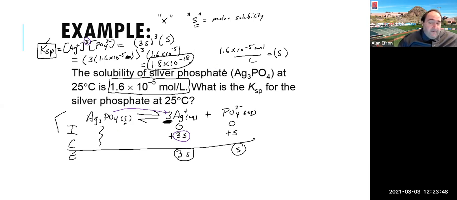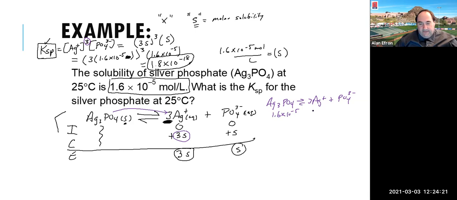What I was saying earlier was that if you really understand concentrations and relationships, you could just look at this thing like we did here. The concentration of the whole thing that was given to us is 1.6 times 10 to the minus 5. That's basically 3 times that number, like we talked about, how those ions relate.